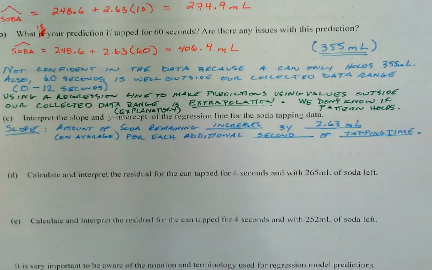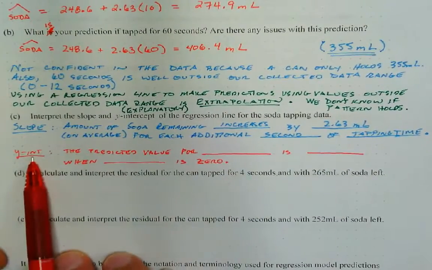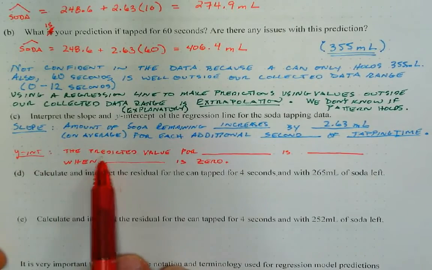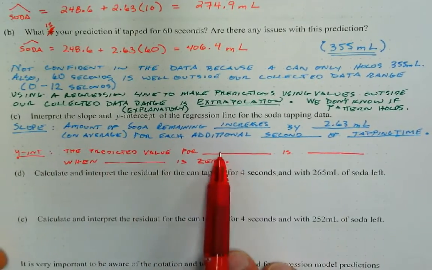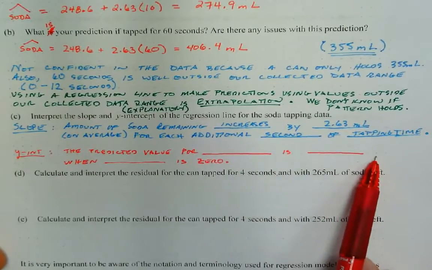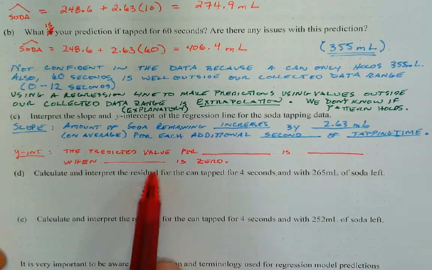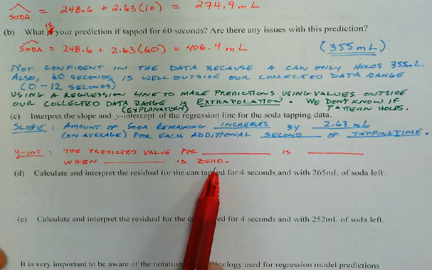And what about the y-intercept? Also very important. For the y-intercept, we'd say the predicted value for the predicted variable is the y-intercept when the explanatory variable is 0.